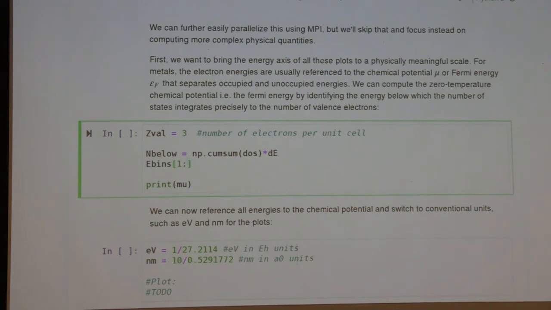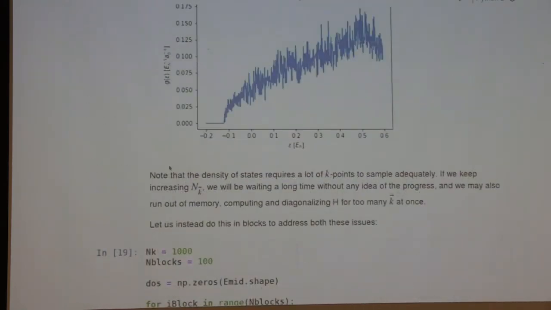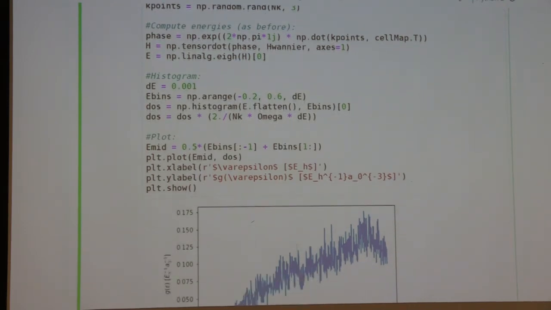What I'm saying is this number of electrons below is going to correspond to the energy at the end of each bin. So if you notice the code here, I created energy bins that go over some range, and then when I get the histogram, I'm actually plotting it with respect to the midpoint of each bin. I forgot to mention that code here.